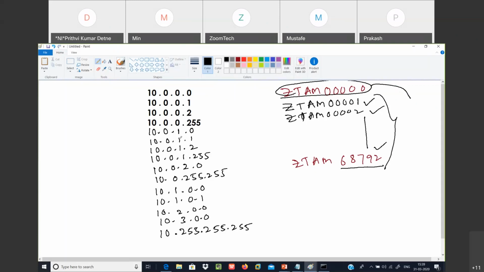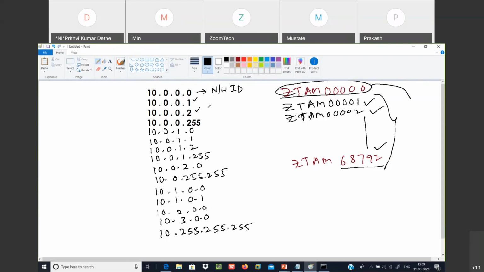Similarly, the same example applies to your IP addresses. The first one, which is 10.0.0.0, we cannot use to assign to your computers. It is only for identification purpose, which we call the network ID. So we can start using from 10.0.0.1, 10.0.0.2, 3, 4, 5.